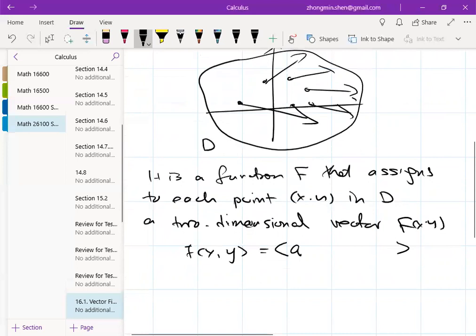The first coordinate is a function of x and y, and the second coordinate is also a function of x and y.